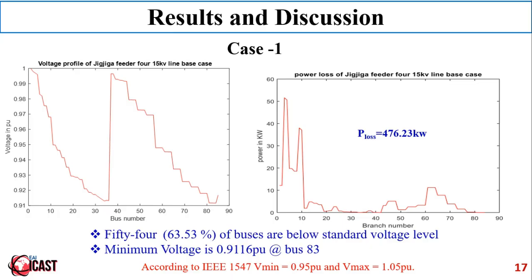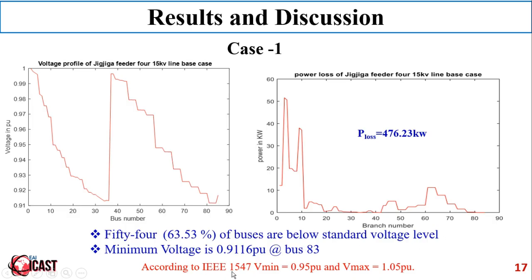Let's see case 1, which is the existing case, and the voltage profile for the 85 buses looks like this, and 54 buses, or 63.53% of the buses, are below the standard voltage level.